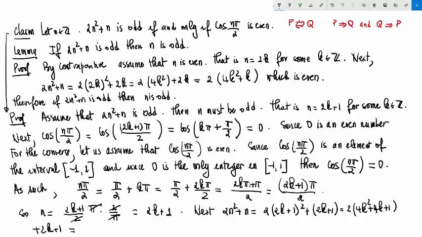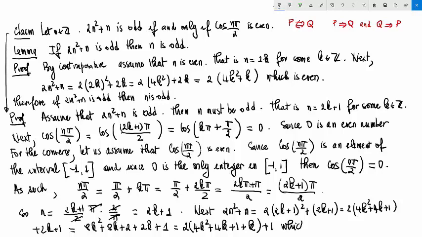Let me double check: 2 times 4k squared plus 4k plus 1, so we get 8k squared plus 8k plus 2 plus 2k plus 1, which is then 2 times 4k squared plus 4k plus 1 plus k plus 1, which is odd. And this completes the proof, right?